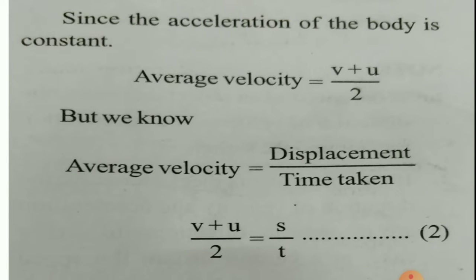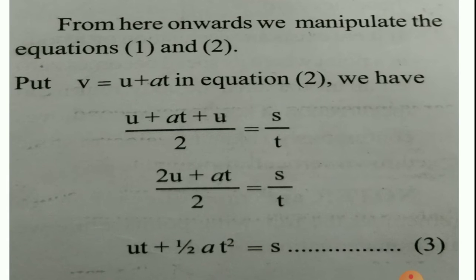Now from these two equations, substitute the value of V in the second equation as V is equal to U plus AT. Now it becomes U plus U, that is 2U plus AT, by 2. Before cross multiplying, divide this: 2U by 2 plus AT by 2.